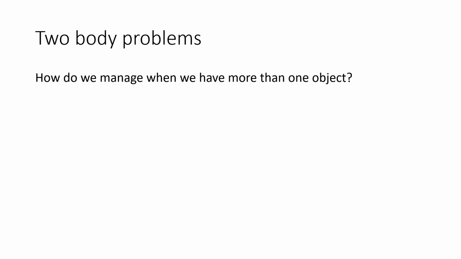I don't have to worry about it moving, accelerating up and down. Maybe I might have a problem or two like that, but I'm just focused on that thing. But what if I instead have a couple things to watch? How do we manage when we have more than one object?